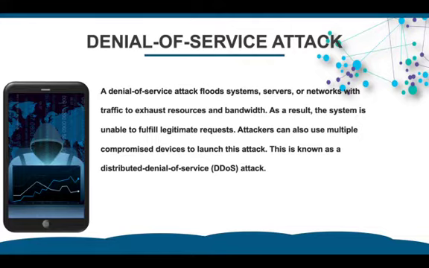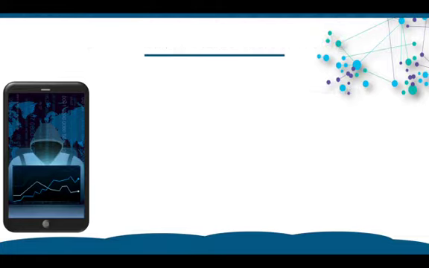Attackers can also use multiple compromised devices to launch this attack, and this is known as the distributed denial of service attack. This happens a lot on distributed systems, where the machines are communicating with each other.